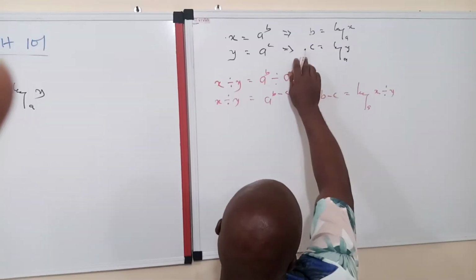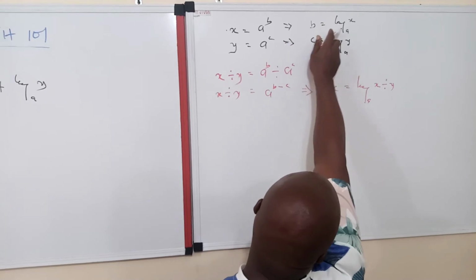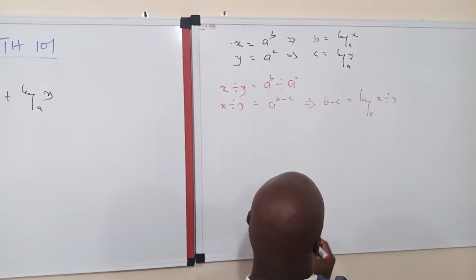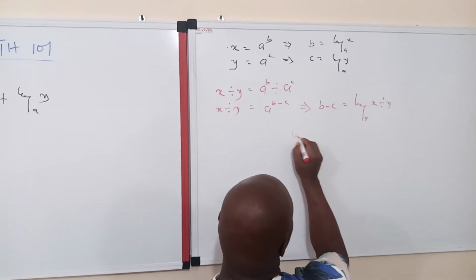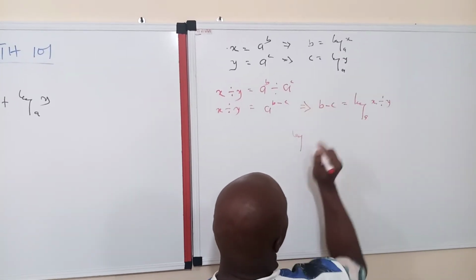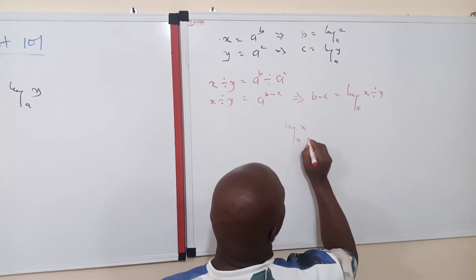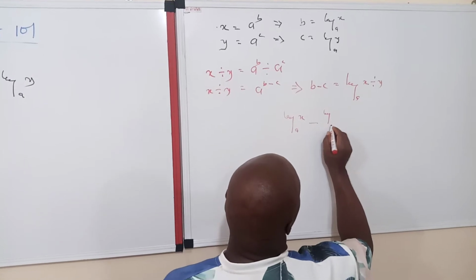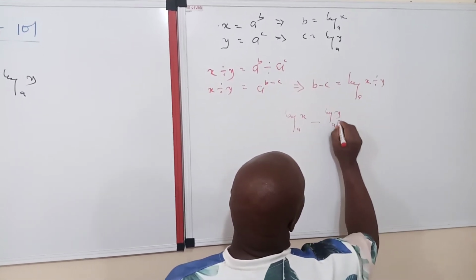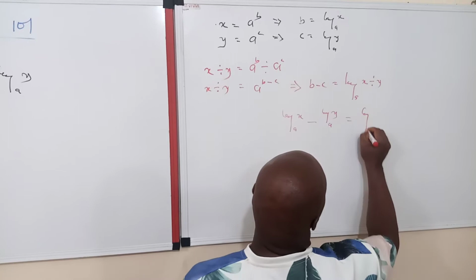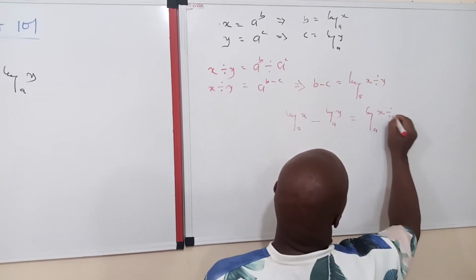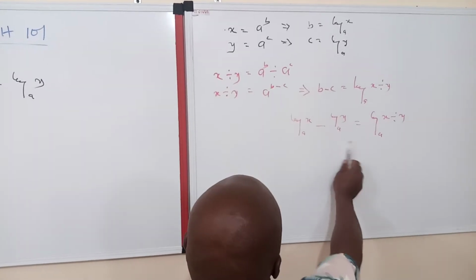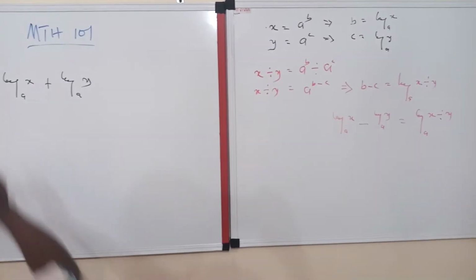In our first expression, we have that b is equal to this and c is equal to this. So if we substitute all that in here, for b we have the log in base a of x, minus, for c, we have the log in base a of y, all equal to the log base a of x divided by y. So you can now see that we have gotten an expression that looks like this.